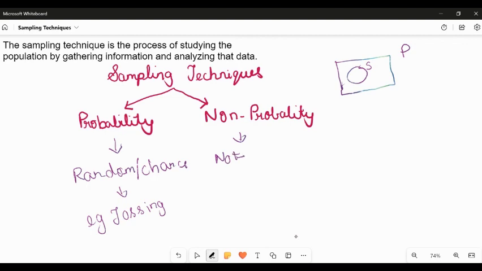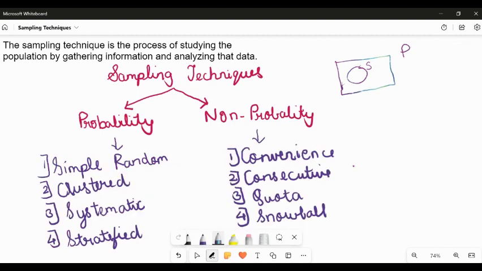It is not randomized, so not every member of the population has a chance of getting selected. From the difference between the probability and non-probability definitions, you get the concept of randomness and non-randomness. So we can see that the techniques I have written on my left-hand side are based on randomness, where I am selecting randomly.